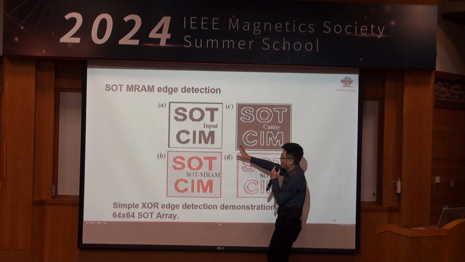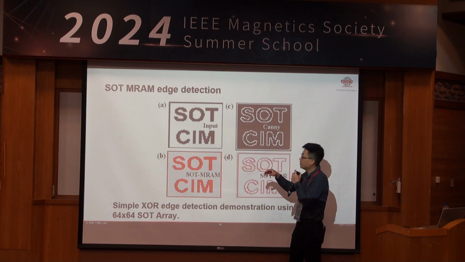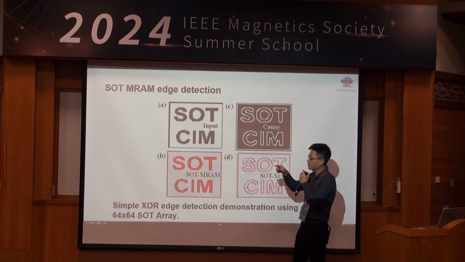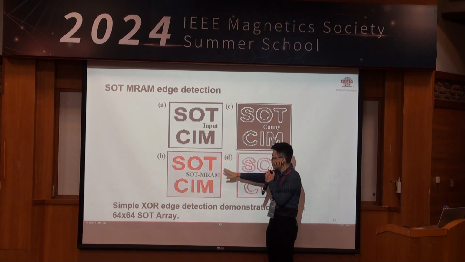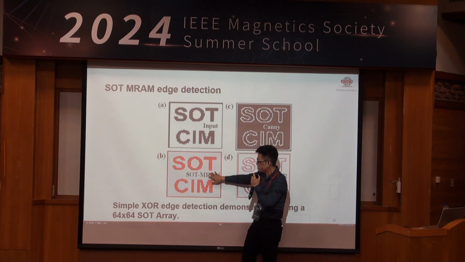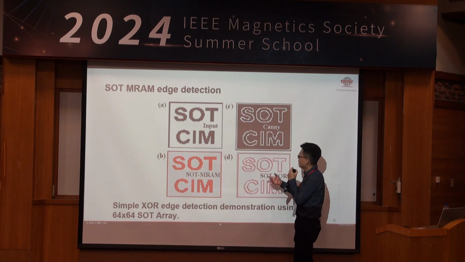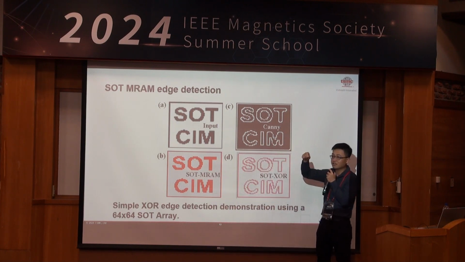The left upper figure is the input. I put a 256 grayscale image into the SOT. So we use this image to write this memory. It looks like a SOT-CIM, no problem. I also use a simulation, like a Kenny model, to find the edge.